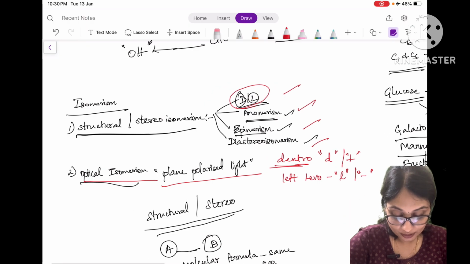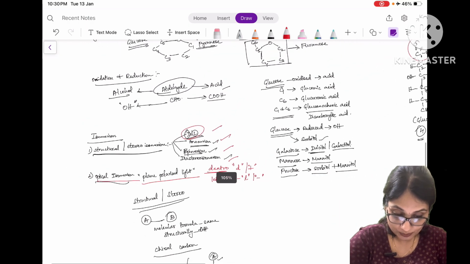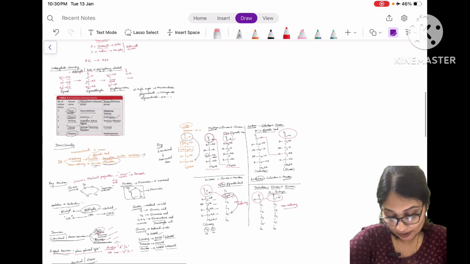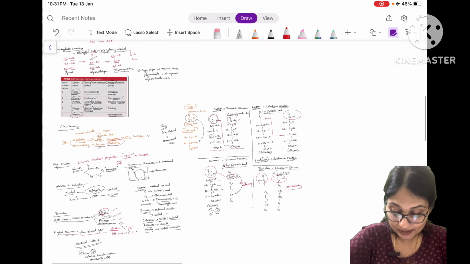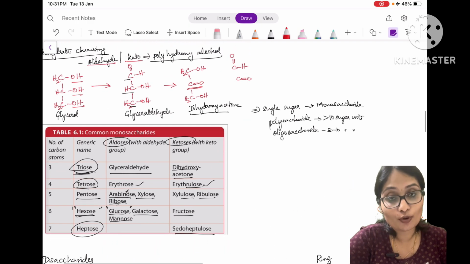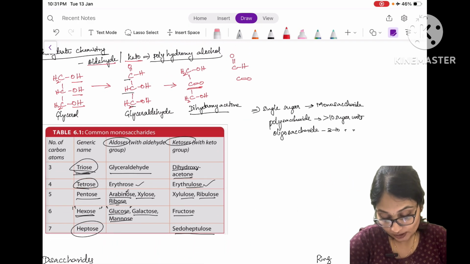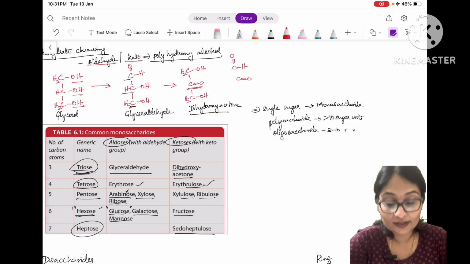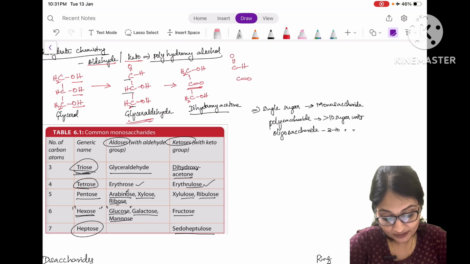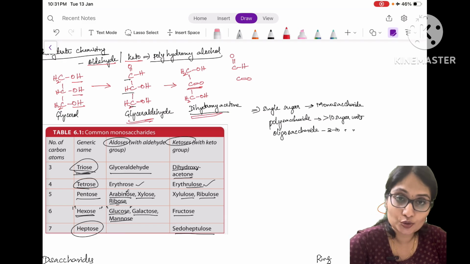So now we have come to the end of isomerism. Shall we just summarize? We began with what carbohydrates are. Carbohydrates are essentially aldehyde or keto derivatives of polyhydroxy alcohols. As an example, glyceraldehyde and dihydroxyacetone are derived from glycerol, glyceraldehyde being the aldo derivative and dihydroxyacetone being the keto derivative.